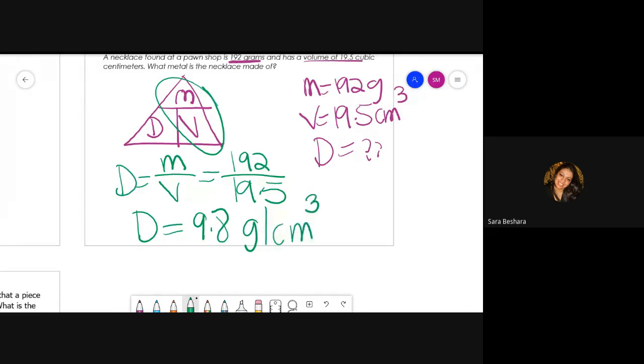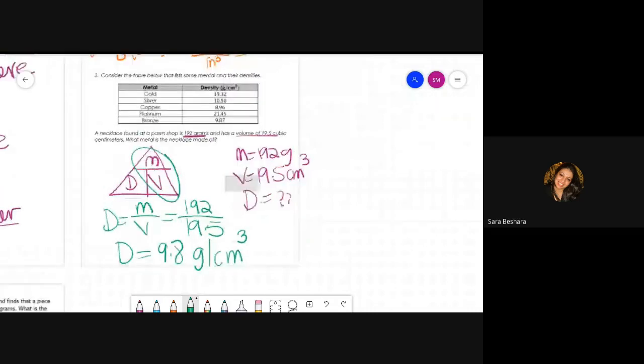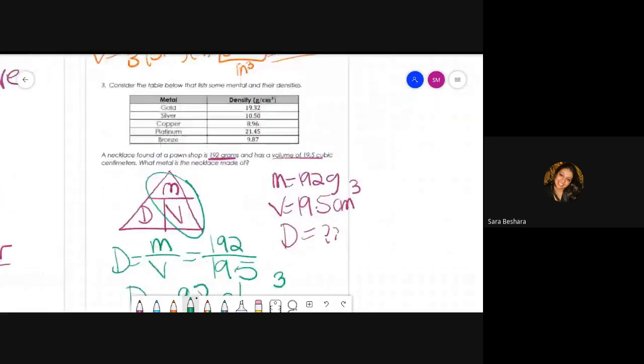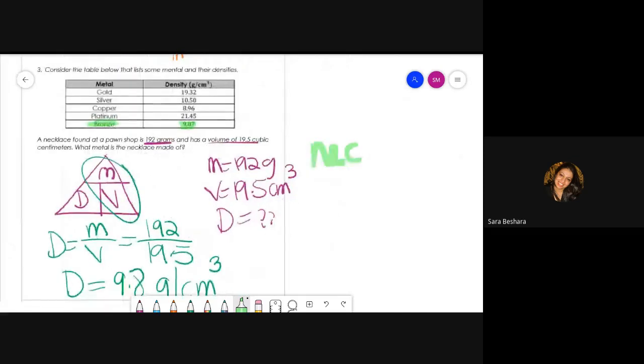So you didn't answer the question yet. This is just the density of the metal. So which metal matches that density? Look at the table. The density that matches is bronze. So the necklace was made of bronze.